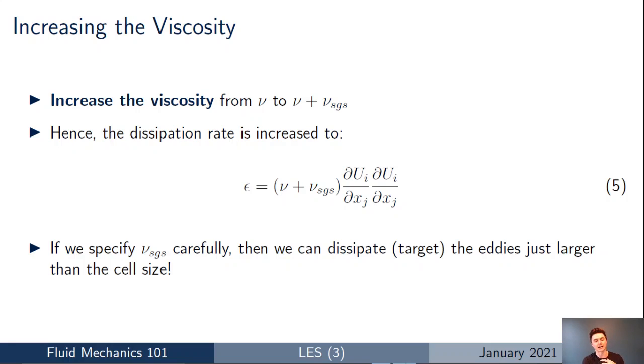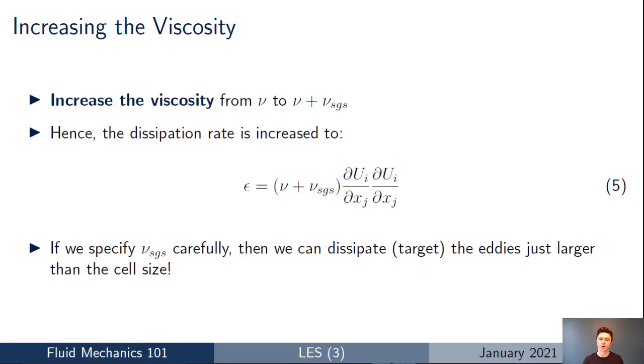And of course, because we've increased the viscosity, the dissipation rate is also going to increase. So if you look at equation 5, the dissipation rate, epsilon, is now increased because we've got this additional contribution, nu SGS. And so overall, when we're thinking about large eddy simulation, equation 5 really tells us what we're trying to do.